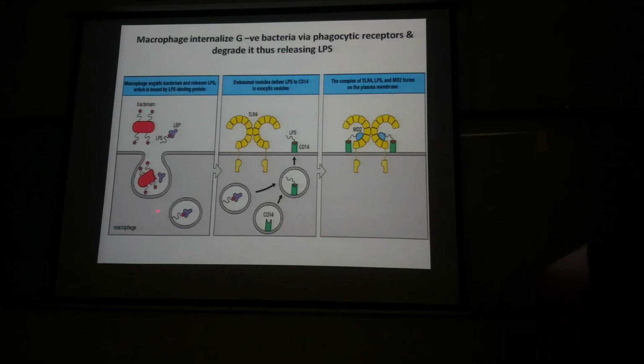When the bacterium is engulfed here, along with the LBP protein, now it's inside the endosome here. And these endosomal vesicles deliver the LPS to CD14 in exocytic vesicles. These are different vesicles that also contain another protein which is known as CD14.